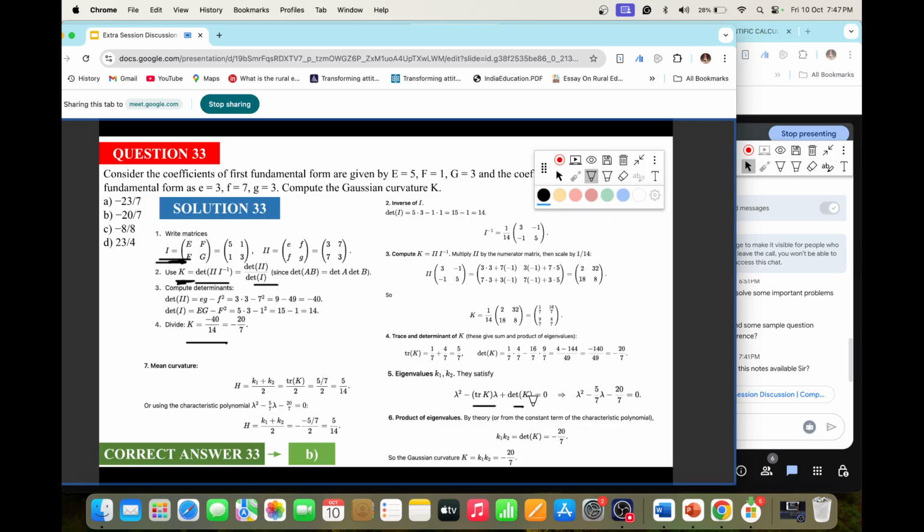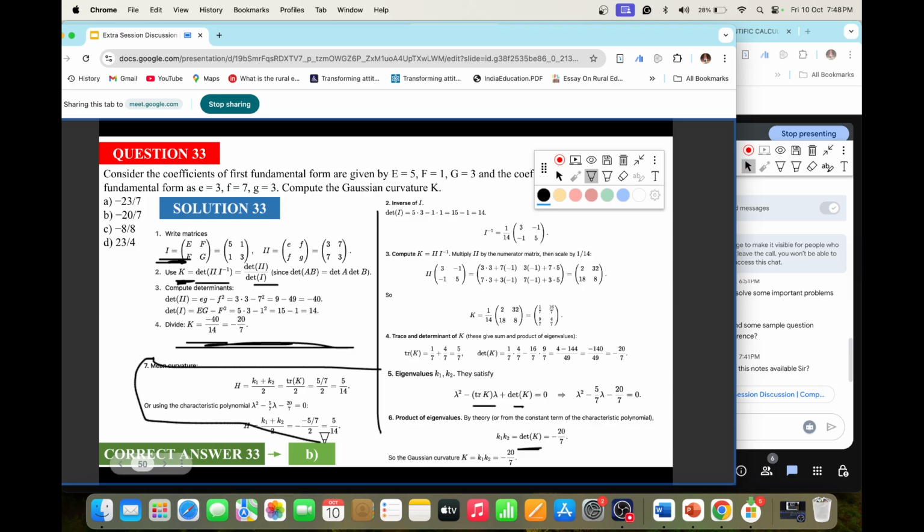The determinant will give you the Gaussian curvature, and the mean curvature is nothing but the trace divided by 2. So either you can go this way or you can simply go the other way. If you go this way, you can calculate both the mean curvature and the Gaussian curvature.